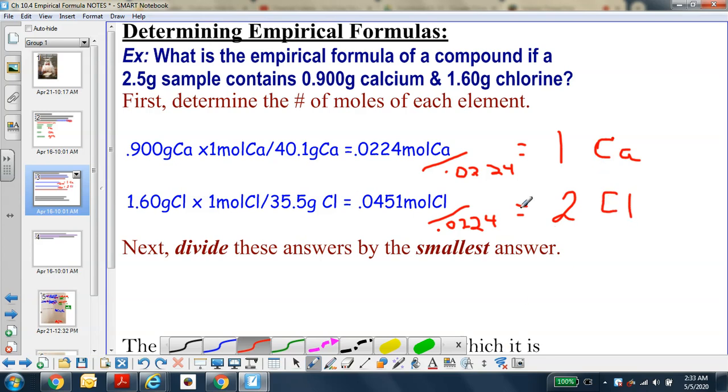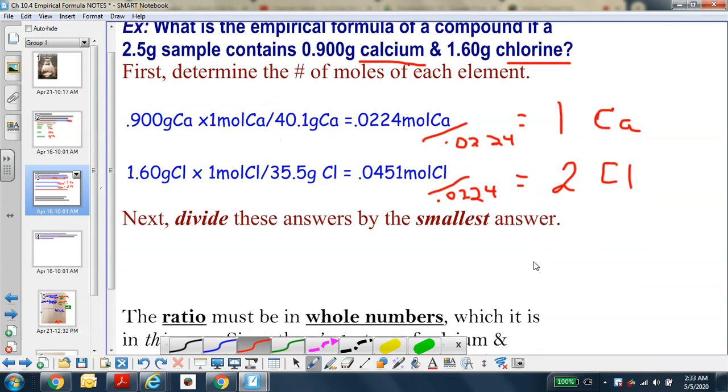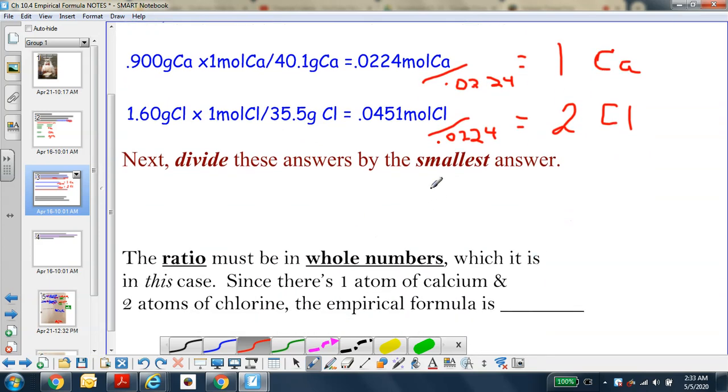So my empirical formula is going to be 1 calcium and 2 chlorines, and you want to write them exactly as you encounter them in the problem. The calcium comes before the chlorine, and that makes perfect sense because you always write the metal before you would write the nonmetal.